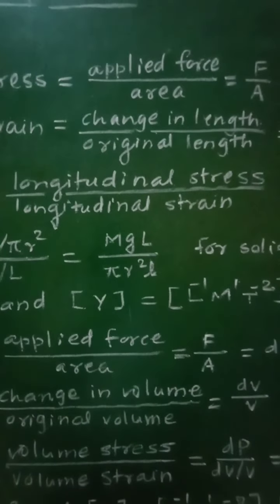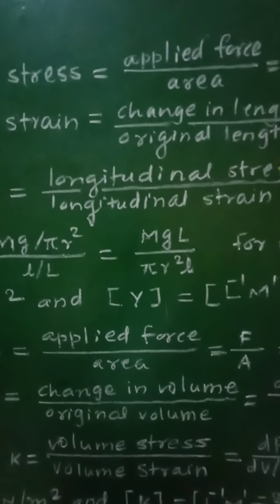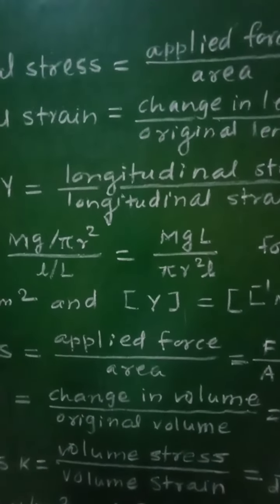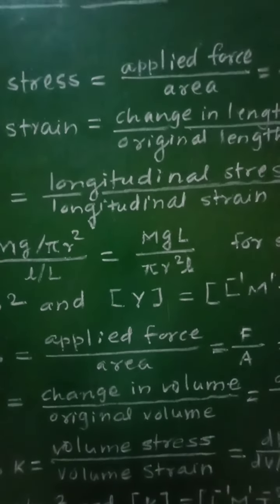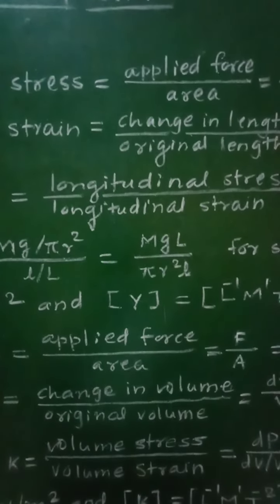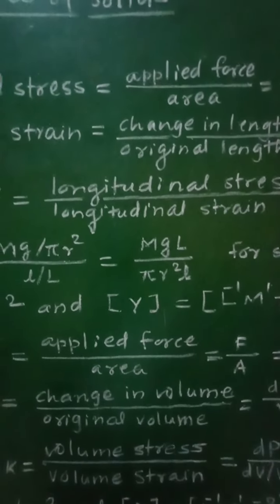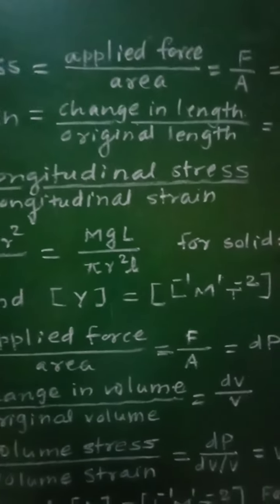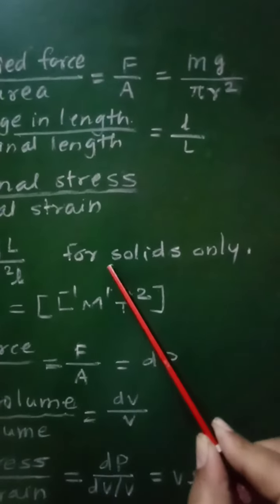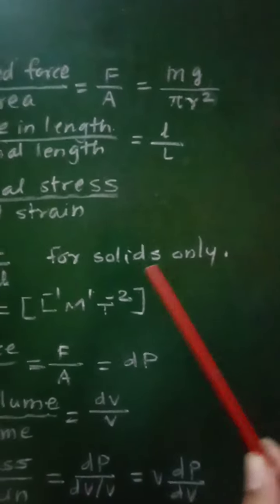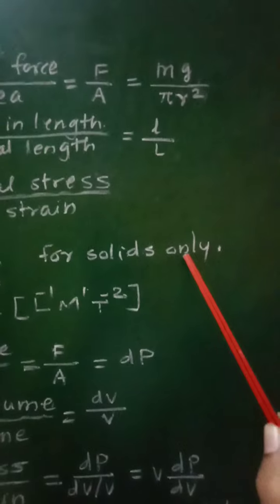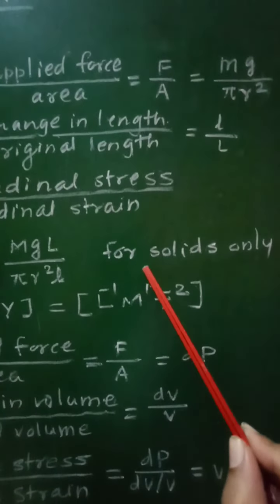Now Young's modulus is defined if the body has length and there is change in length of that body due to the deforming force. Length is possessed only by solids, and therefore only solids will possess Young's modulus.